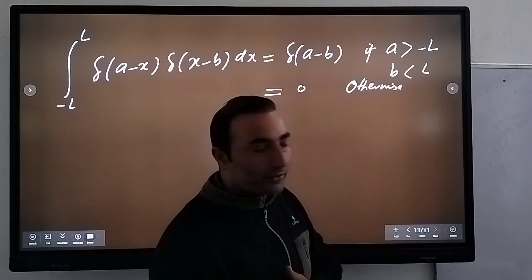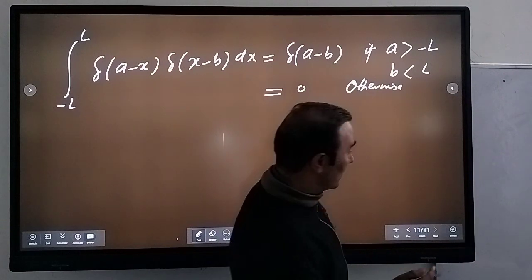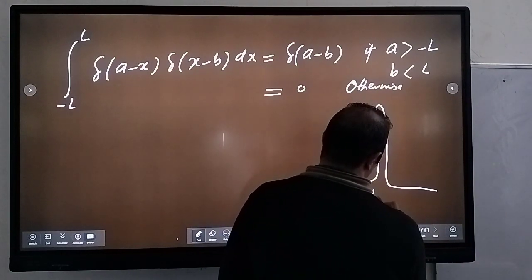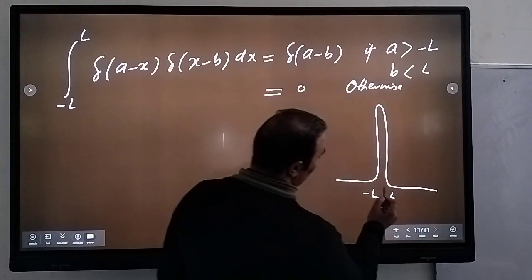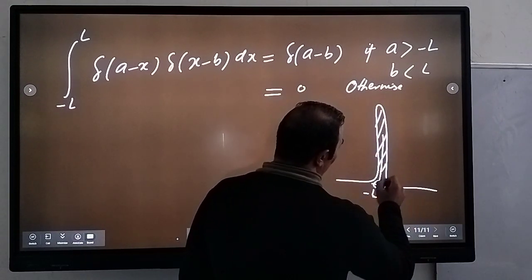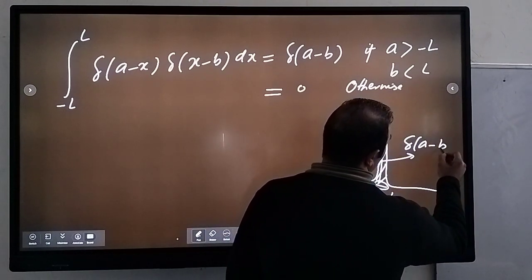If it goes outside, if a is less than minus L, that means if we go to the left side, suppose we have this delta function from minus L to plus L. So here is the maximum value, that is basically delta of a minus b.